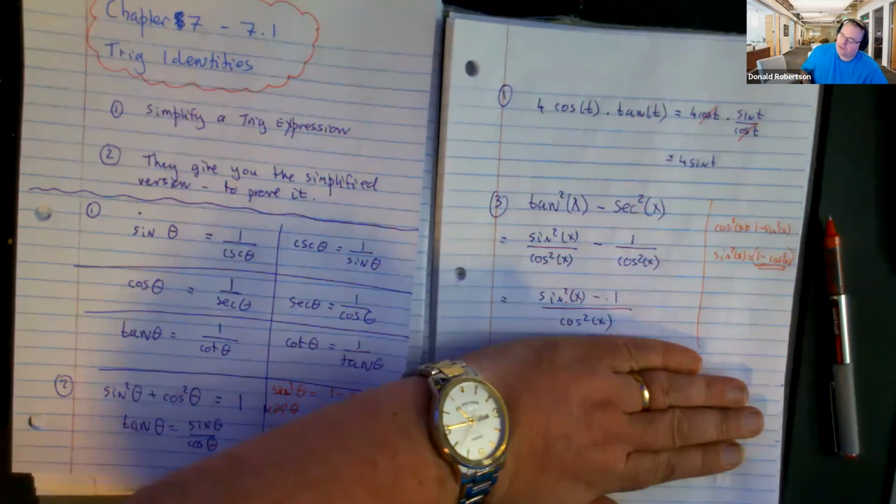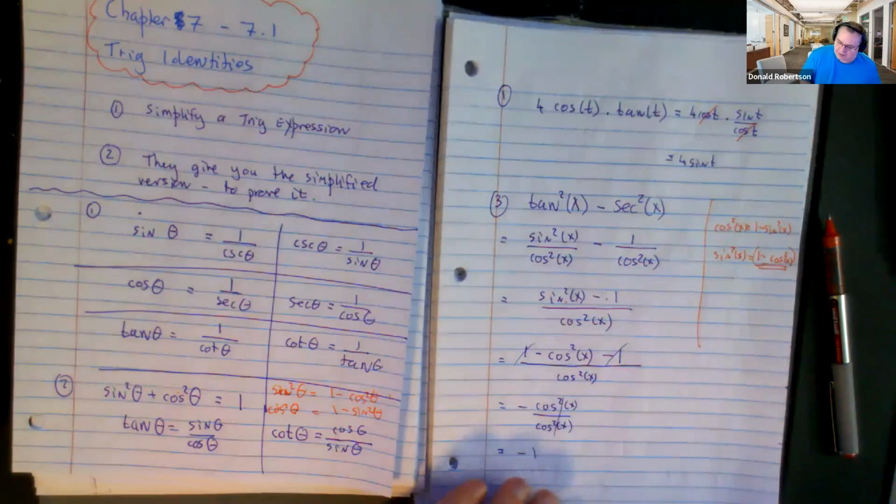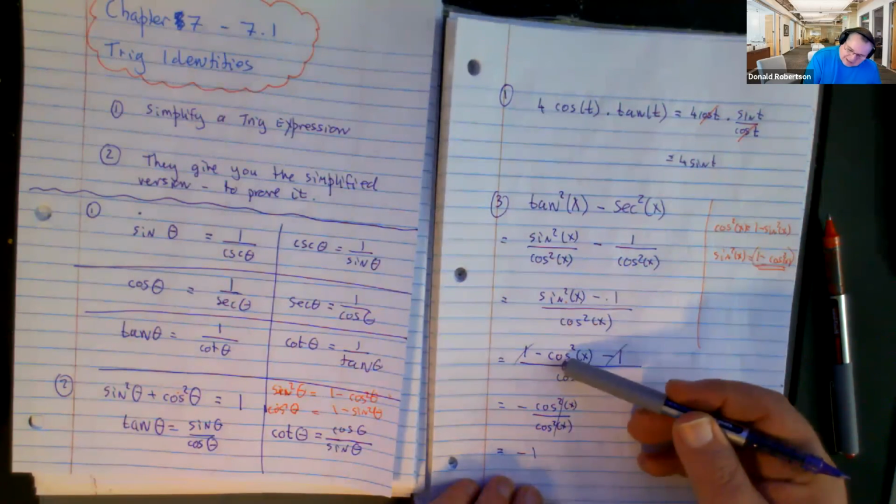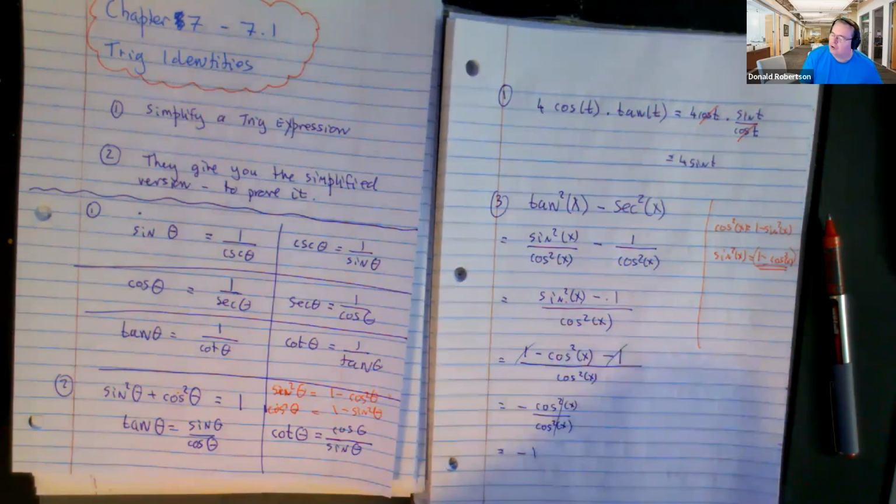But it's always worth trying out some other things. And then if you try out something and it ends up looking even worse, then you know, well, that wasn't worth doing. But you can't be sure it's not worth doing unless you do it to see what you get, right? So if you see a sine squared, think of it as being 1 minus cos squared. If you see a cos squared, think about maybe making a 1 minus sine squared. And so off you go.